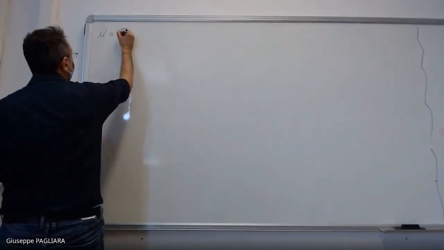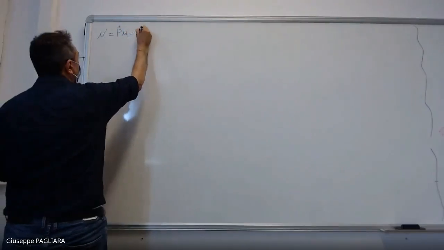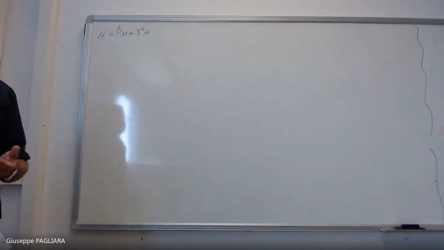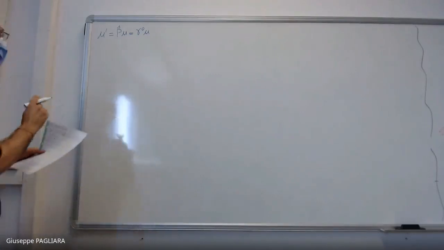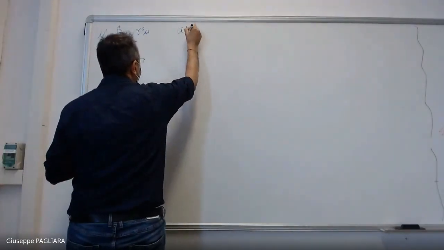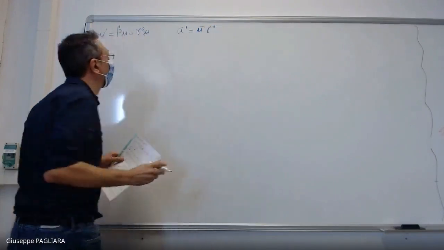So this is P u, and if you remember, this is just gamma 0 u. Okay? So the parity operator on a spinor is just gamma 0. We showed this already. And for the adjoint spinor, u bar prime is similarly u bar gamma 0.